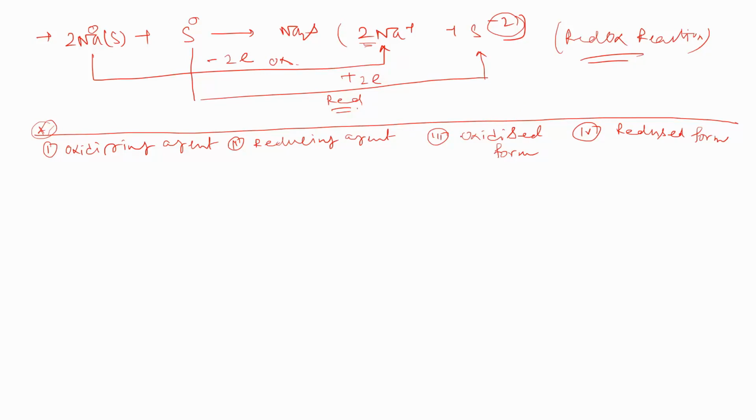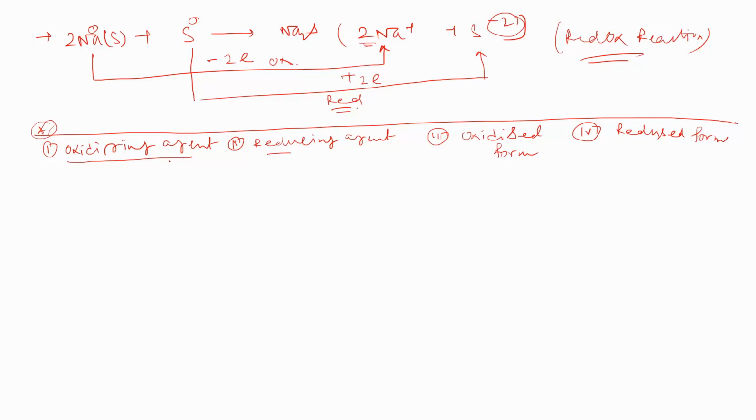So I request you to just remember one case. Suppose you remember the oxidizing agent; then it will be the opposite for the reducing agent. First try to remember one case, the oxidizing agent.